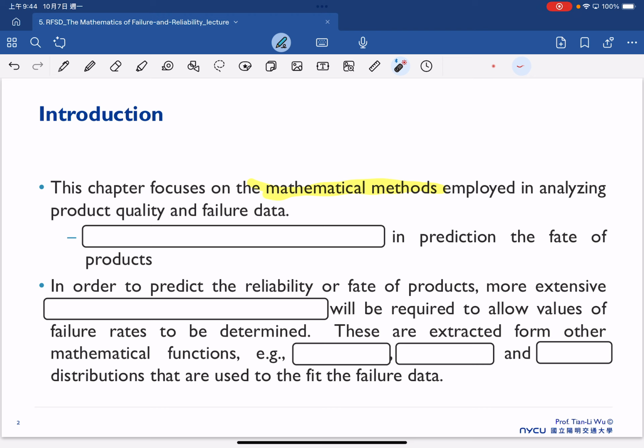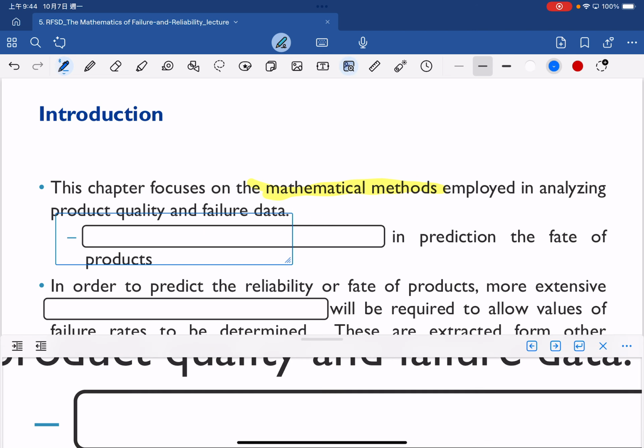The reliability mathematics and analysis.